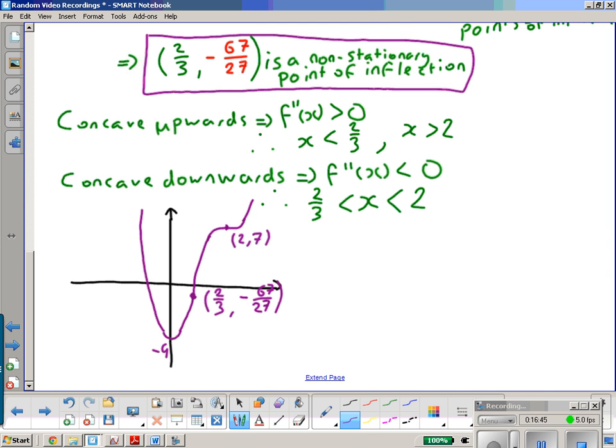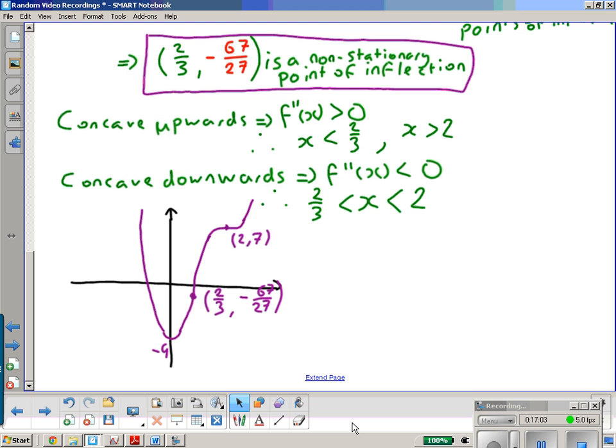Now, that shows the shape of the graph. We might want to re-sketch it to show it a bit better, but that will do. It shows the two stationary points and the point of inflection.